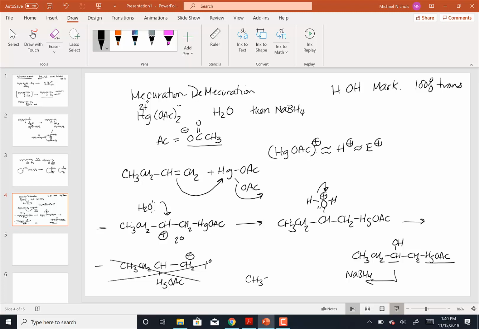So now I'm going to end up adding H to the first carbon. That's all sodium borohydride does. Whatever position the mercury was in, that's where the H is going to end up, just like with the hydroboration oxidation, the OH ended up wherever the boron was. So net result is I added H, OH across the double bond, Markovnikov.